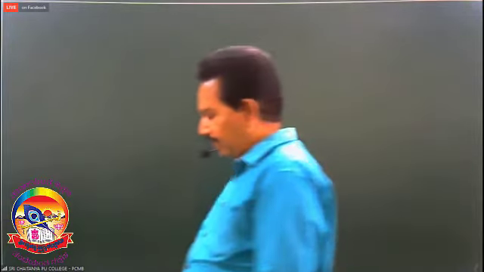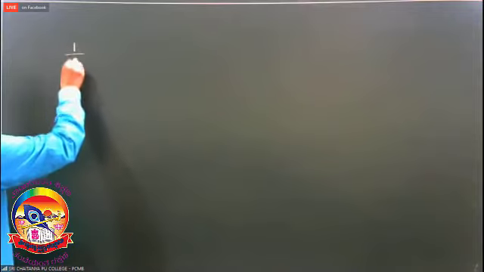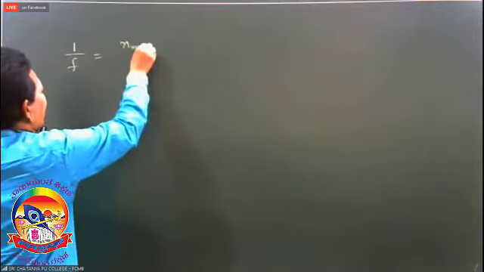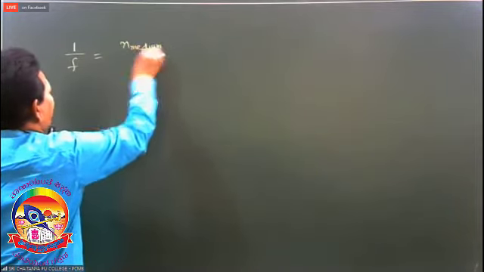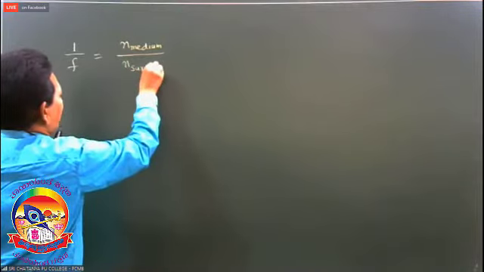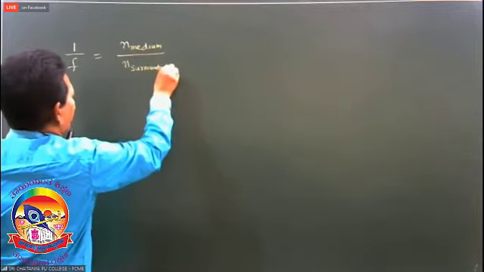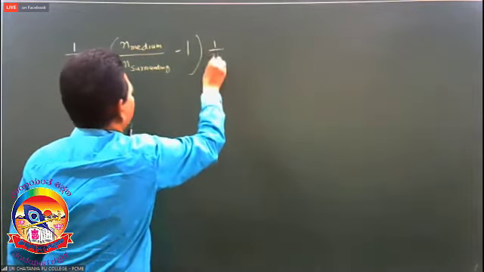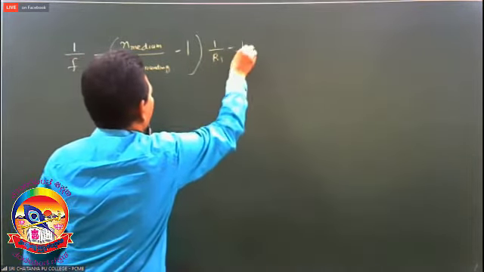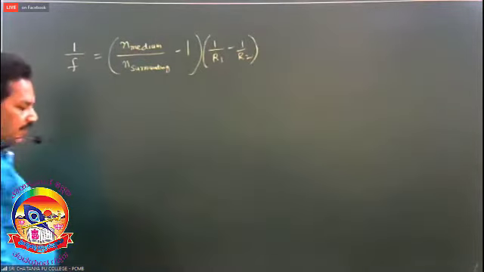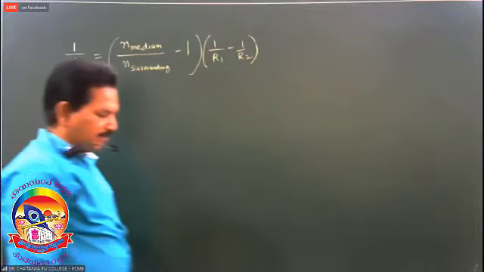The lens maker formula is given as 1 by f is equal to (n of medium of the lens by n of surroundings minus 1) into (1 by R1 minus 1 by R2), the standard formula.